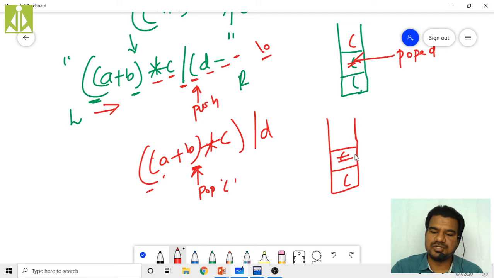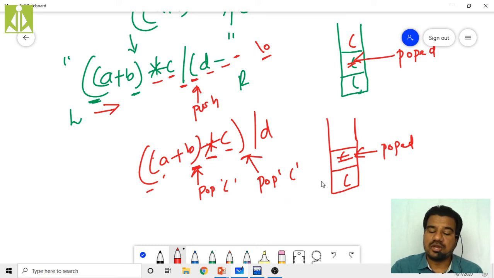This got popped. So next thing, again, scan operator multiplication, star operator, ignore it. Operand C, ignore it. One more closing bracket. If I got one more closing bracket, what do I have to do? Pop the suitable opening bracket.